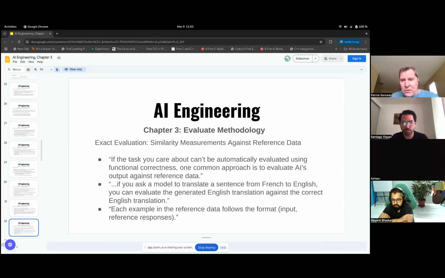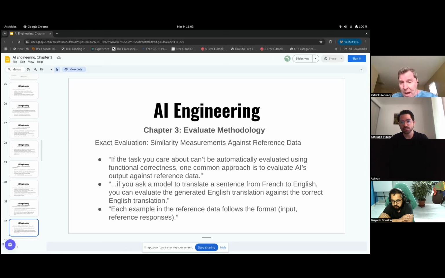Exact evaluation: similarity measurements against reference data is the other way. If the task you care about can't be automatically evaluated using functional correctness, one common approach is to evaluate the AI's output against reference data.